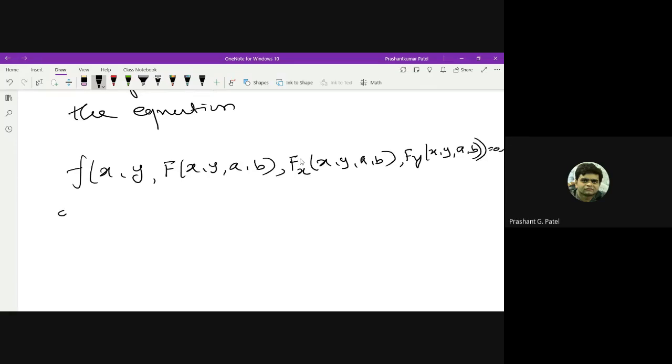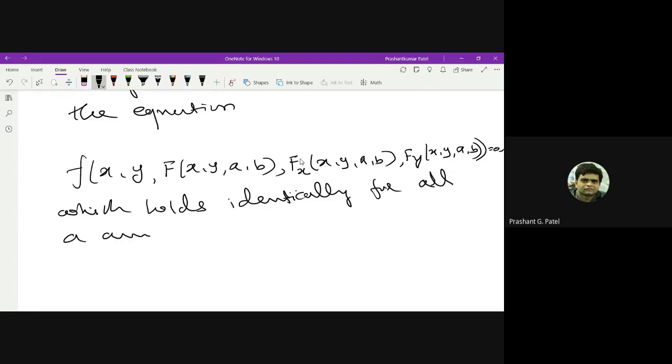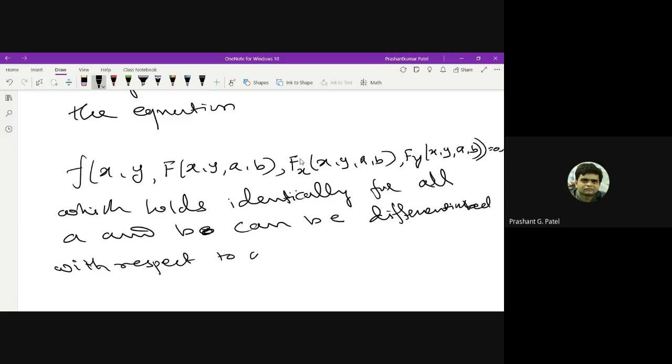which holds identically for all a and b, so it can be differentiated with respect to a and b, and hence this leads to the following.